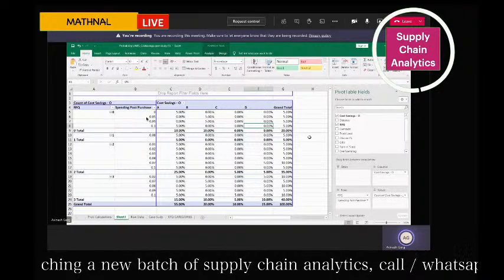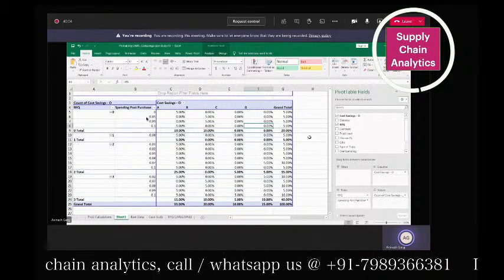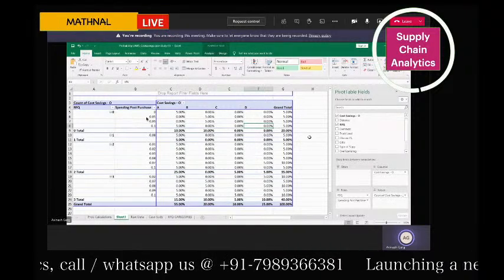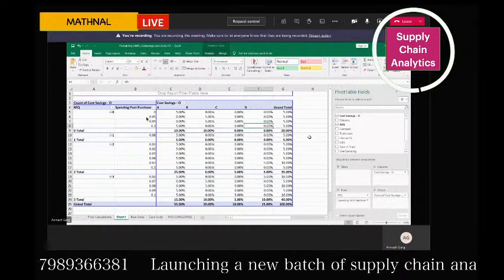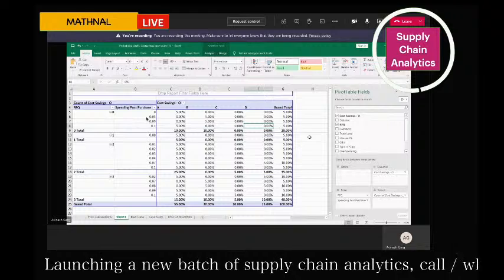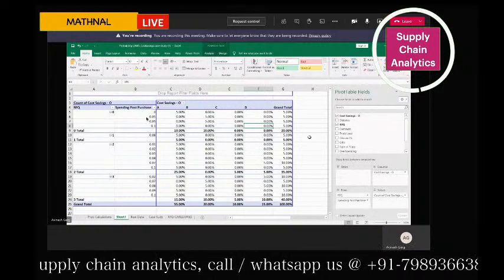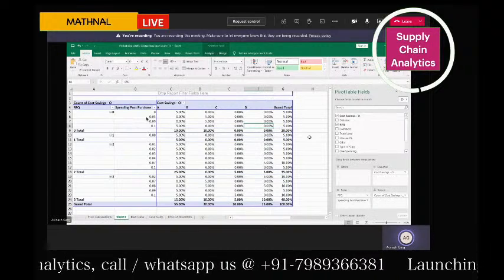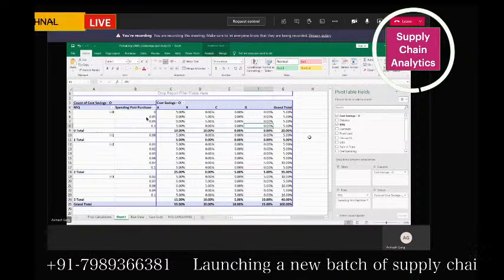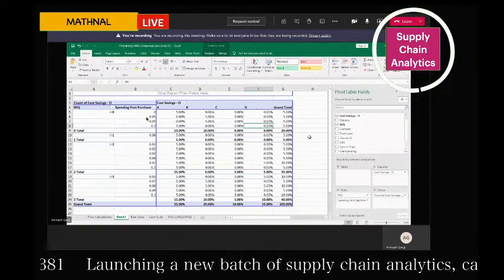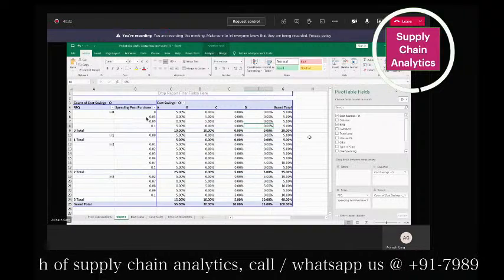Intersection of 0 RFQ group, spending post purchase and cost savings A, that is 5%. So the intersection of 0 RFQ, spending post purchase 0 and cost saving A is 5%. So this is the last stage of the three variables. Intersection of RFQ 0, spending post purchase 0.05 and A is 5%.